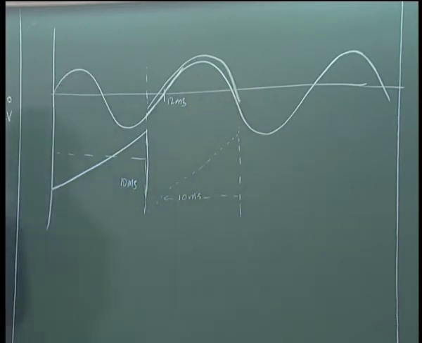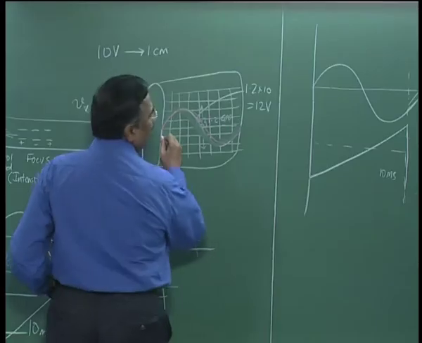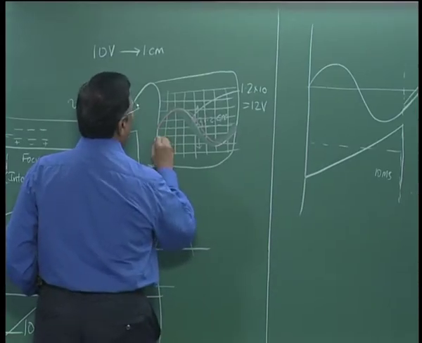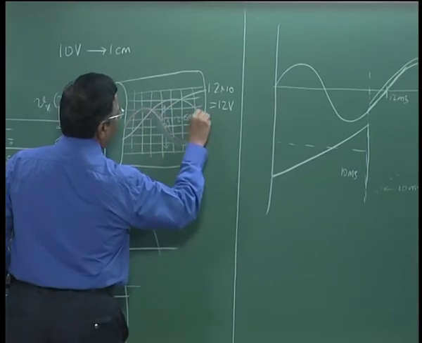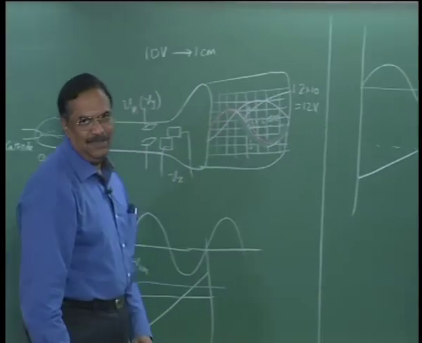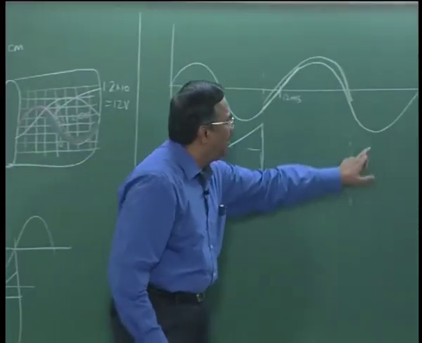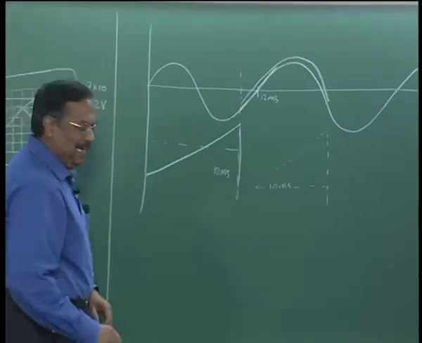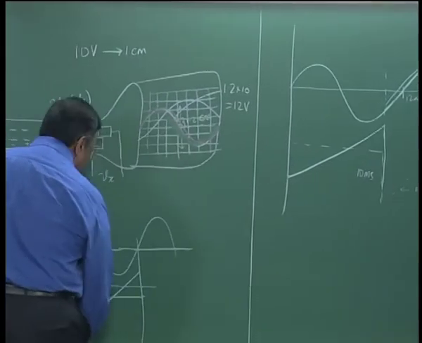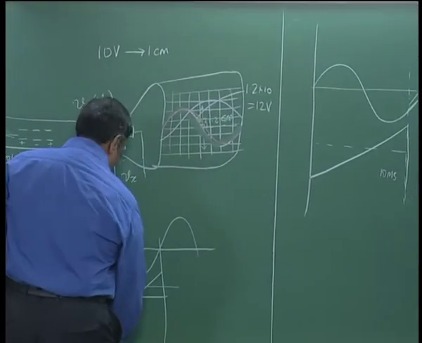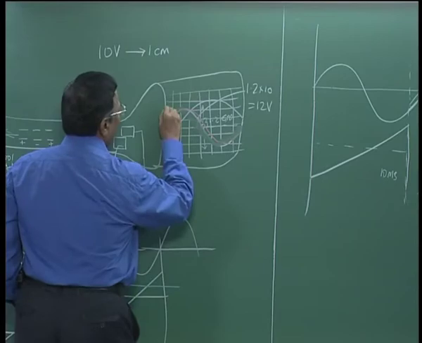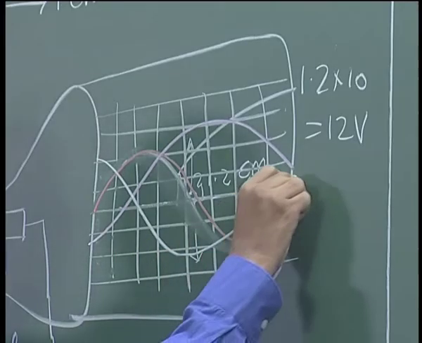So, I will have the second waveform, I will put it in different color. The second waveform would start somewhere here and end there, right. The third waveform of course would start from here and go to another 10 millisecond. So, the third waveform would start from somewhere here and go to 10 millisecond.